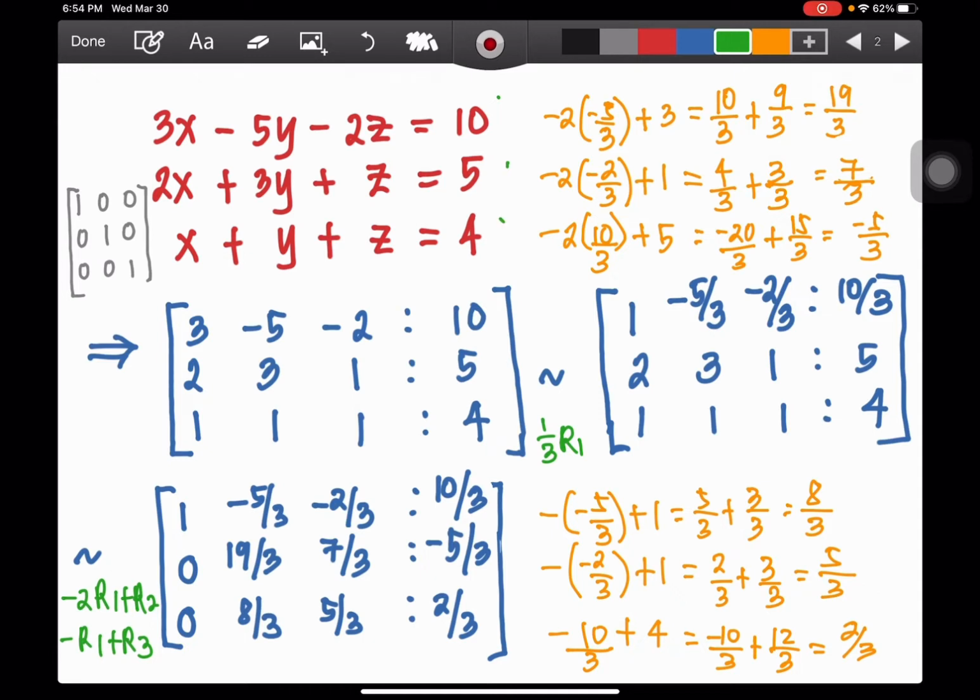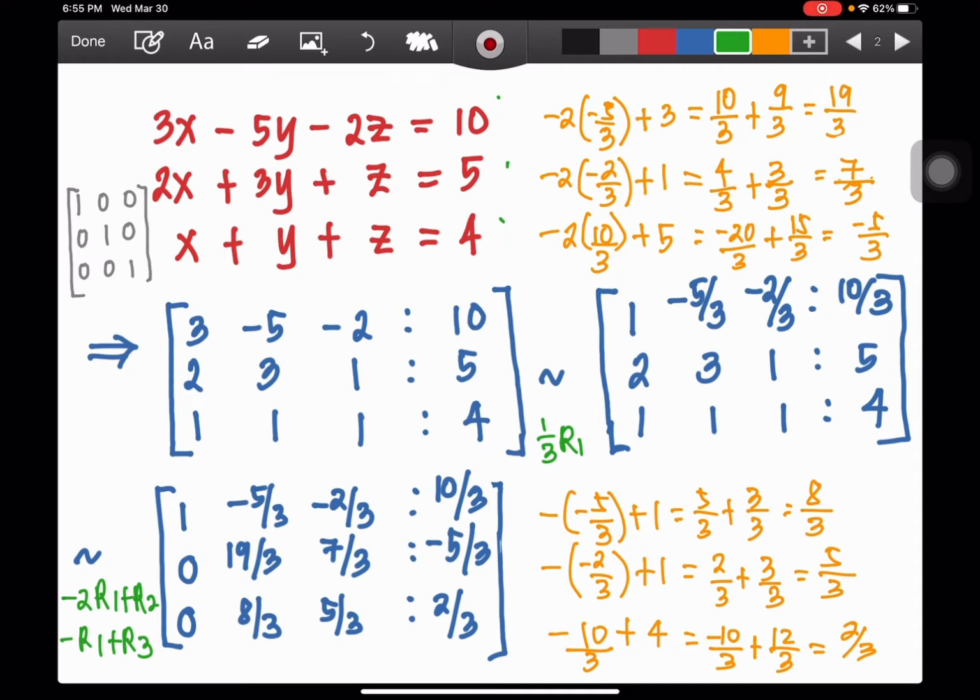In elementary algebra, we use either the elimination method or the substitution method in solving for the values of x, y, and z. We call this lesson in elementary algebra systems of linear equations.